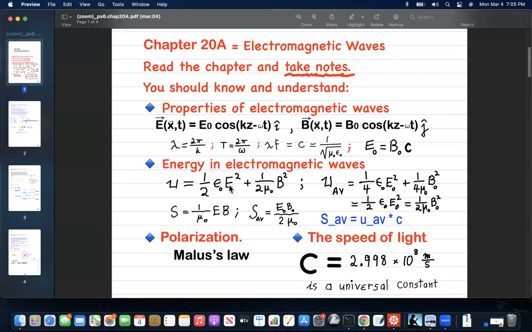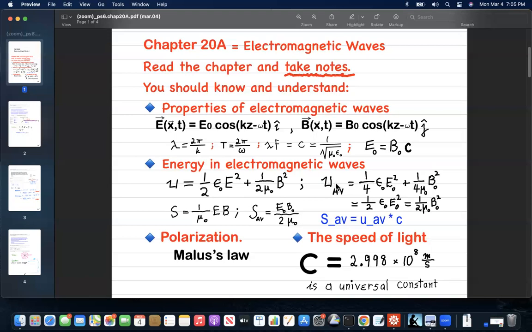So we usually express the average in time of the energy density. E squared oscillates between 0 and E naught squared. So the average is 1/2 E naught squared. And B squared oscillates between 0 and B naught squared. So the average is 1/2 B naught squared.